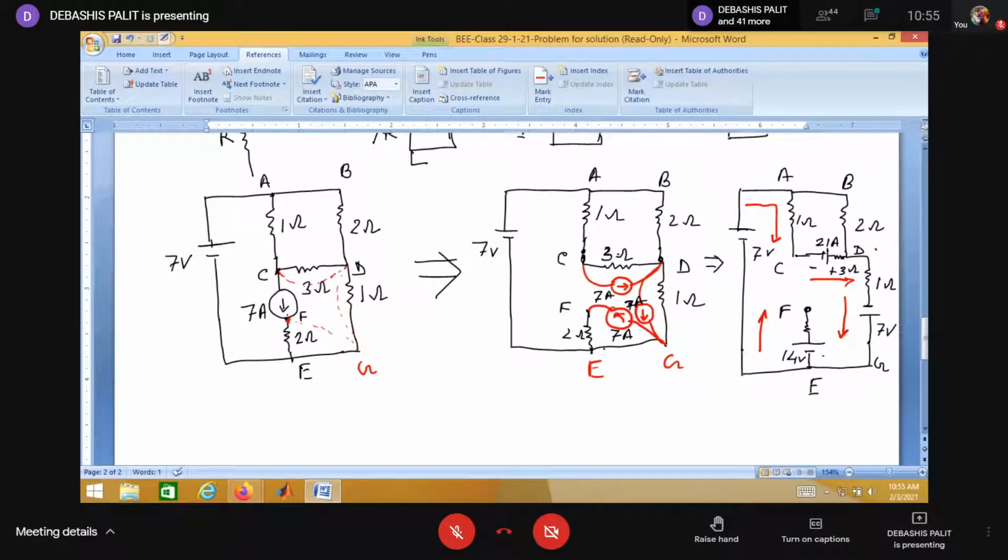Sir, the point F is open, sir. Yes, point F is open. So you can apply this. Say this is your I1 current, and another current that flows is your I2. So you can solve I1 and I2, then two loops. So you can resolve what is the current flowing through this.